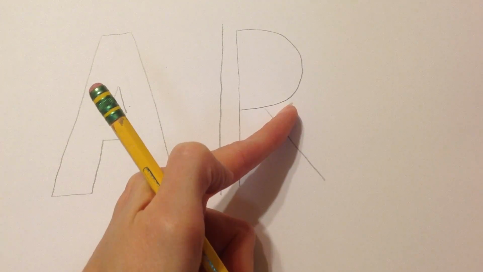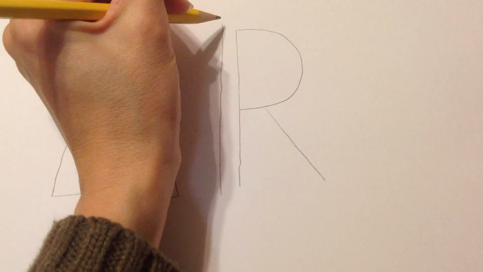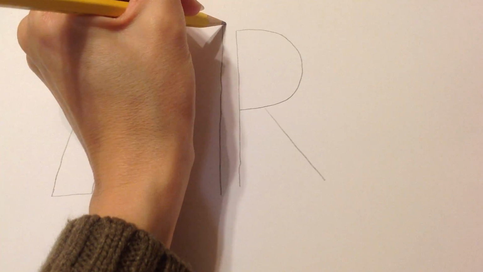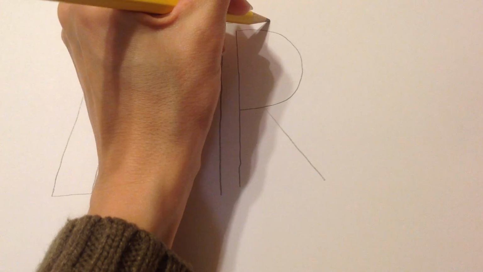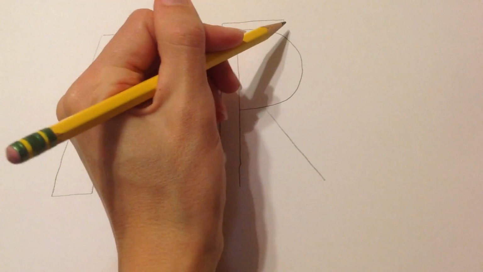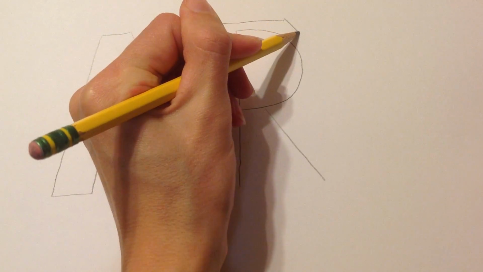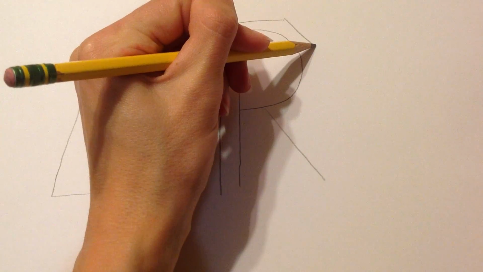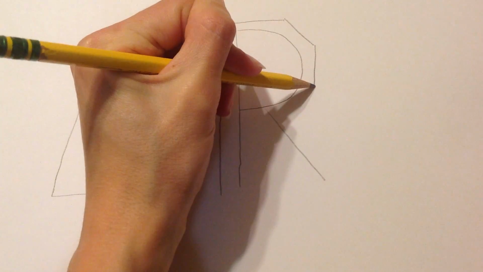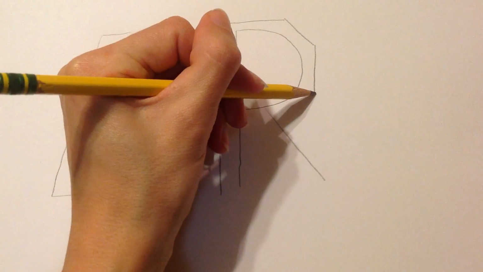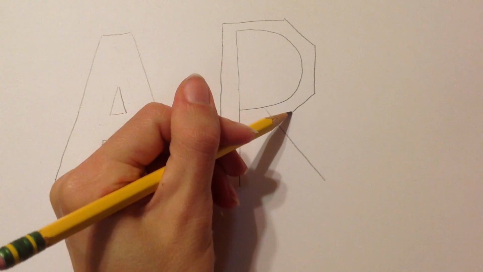But if you want to continue to use straight lines like me, you will draw a straight line at the top, then stop, draw a diagonal line, draw a vertical line, and draw another diagonal line. Okay, the rest of the R should be pretty easy.